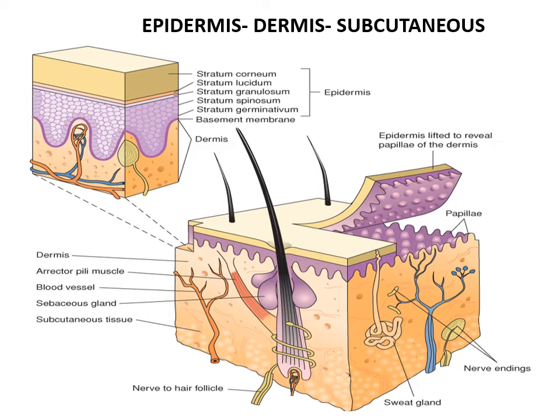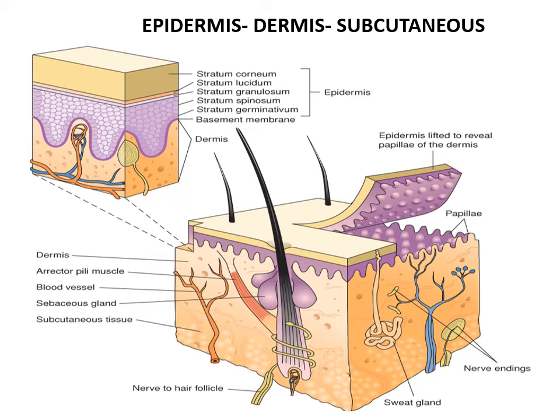And of course, mast cells release histamine that can cause vasodilation and increase permeability of blood vessels to bring in fluid and other cells. Okay? And macrophages can perform phagocytosis and also release cytokines to communicate with other cells to come to the area. Okay? So the dermis is where you have the most structures of the skin.